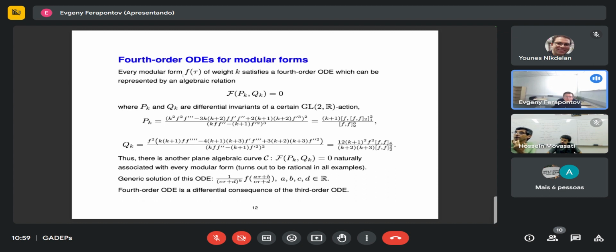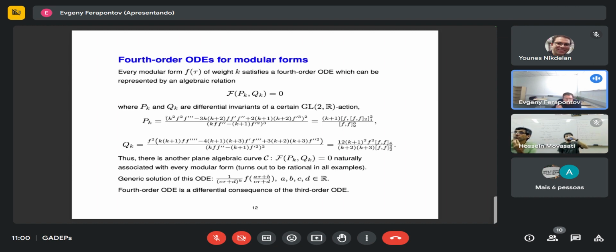So again, let me take an arbitrary modular form of weight k. I claim that every such modular form satisfies a fourth order ordinary differential equation, which can be represented in this form, F of Pk, Qk is 0, where Pk and Qk are certain differential expressions shown here. This is Pk and this is Qk, right?